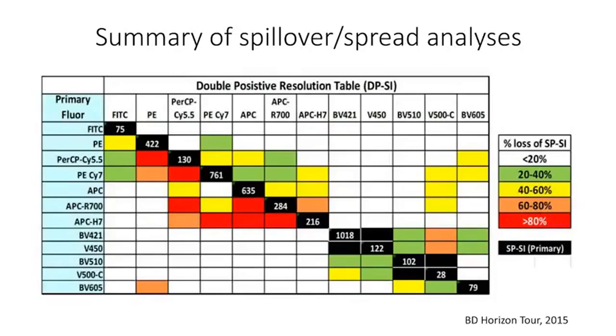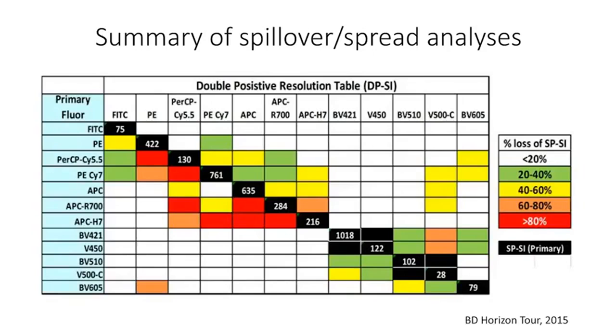So again, BD has nicely summarized these data, which is very helpful when you're trying to design a tube. And it talks about both the fluorochrome strength and the effect of spillover on your stain index. If we look along the diagonal here in black, this is the so-called single positive stain index, and this relates to fluorochrome strength.